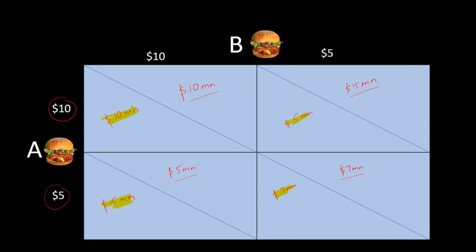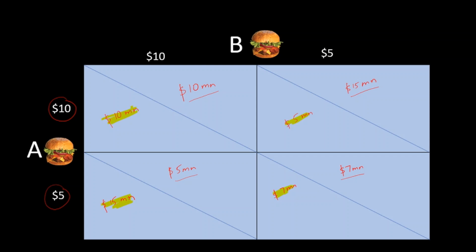So we saw here that when firm A sold at $10, firm B sold at $5. Similarly, when firm A sold at $5, firm B again sold at $5. So selling at $5 is the dominant pricing strategy for firm B.